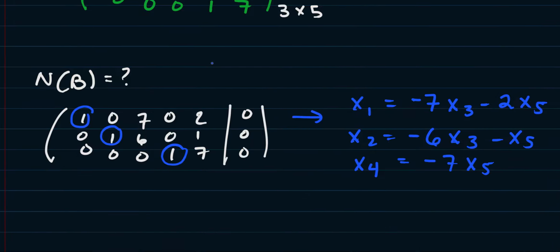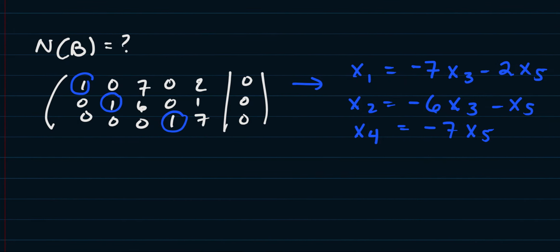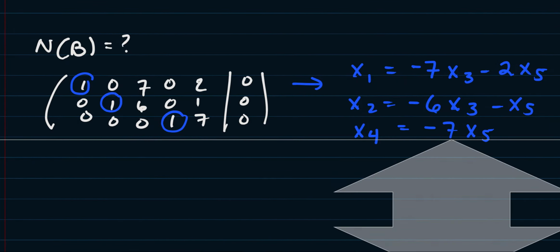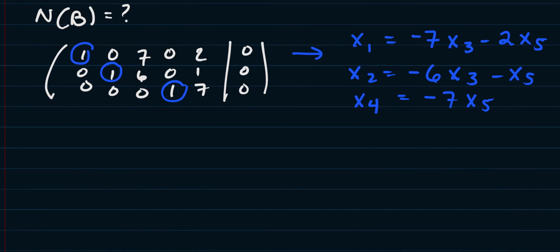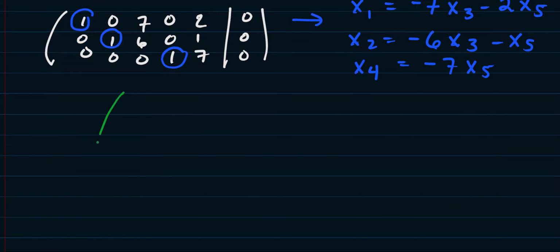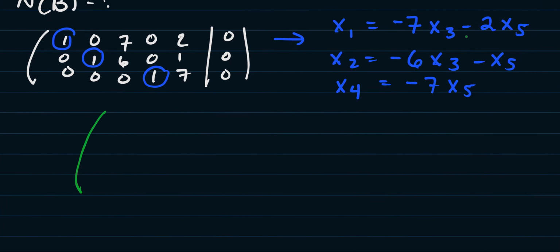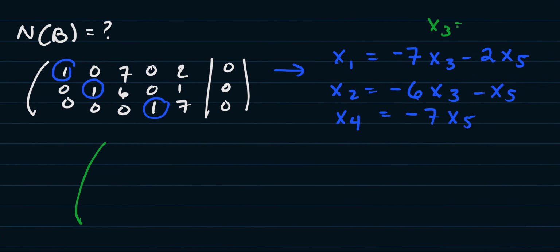Let's find the basis for the null space. How can we write these vectors? Let's put this in green. So we have, if we let x3 be R and x5 be S, let's rewrite this.